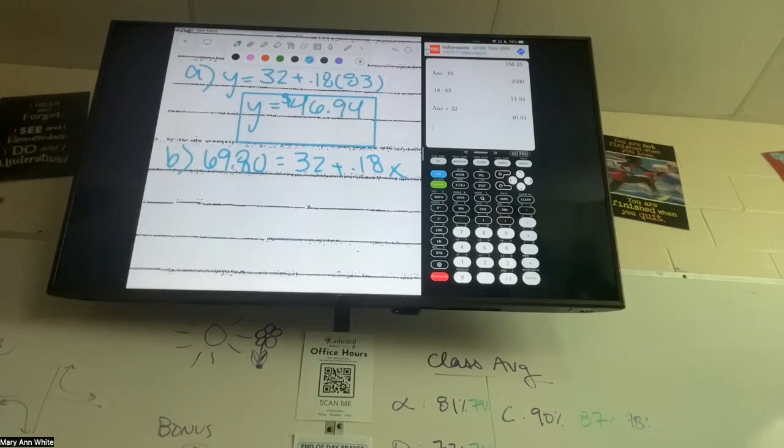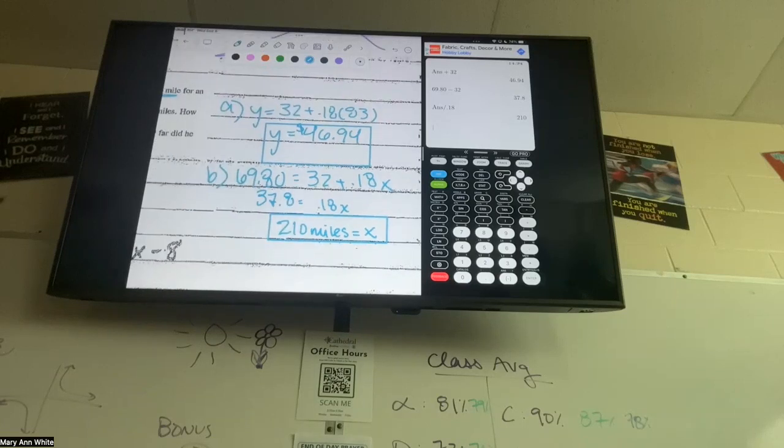And then you guys can solve that, we'll minus 32 from both sides, and then we'll divide by 0.18 on both sides. And I got 210 miles. That look good to you guys? Okay, awesome.